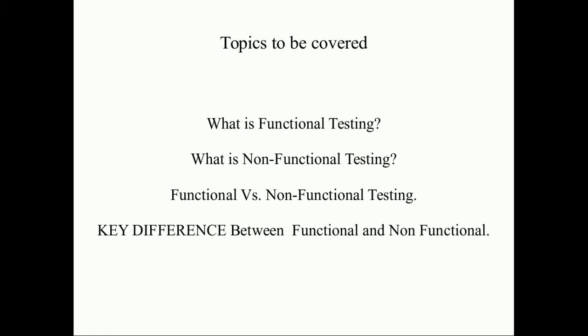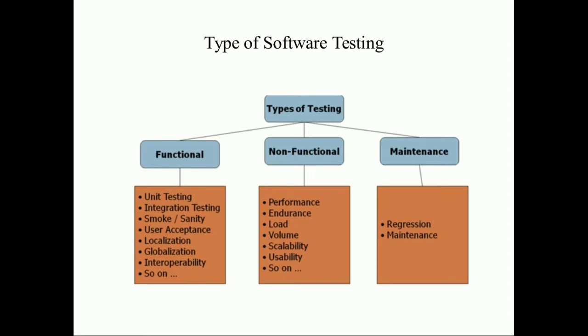So now we start. First of all, before moving to functional testing, we can see the different types of software testing. We can see in the figure, if we look at the broad level, we can categorize the testing into three parts: functional testing, non-functional testing, and maintenance testing.